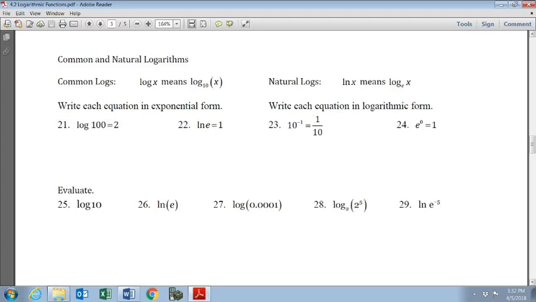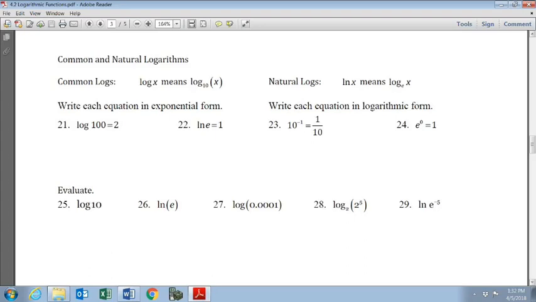So it's understood that if you don't write your base, it's a 10. With natural logarithms, or natural logs, ln of x means the log base e of x. It turns out that a base of e is actually very useful when you're working with logarithms in mathematics.